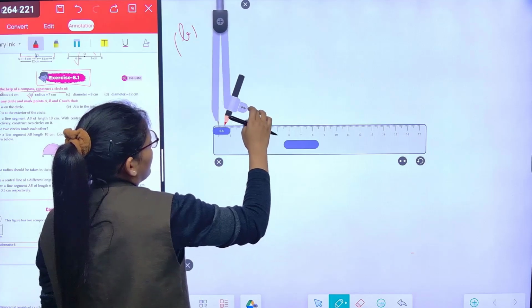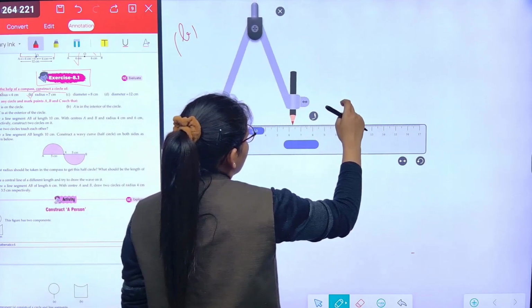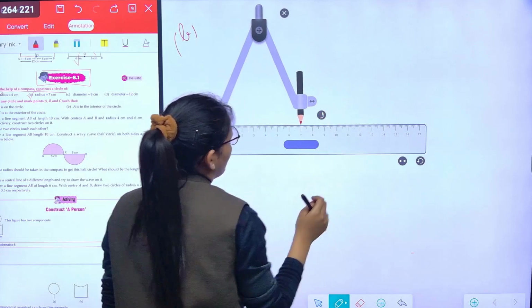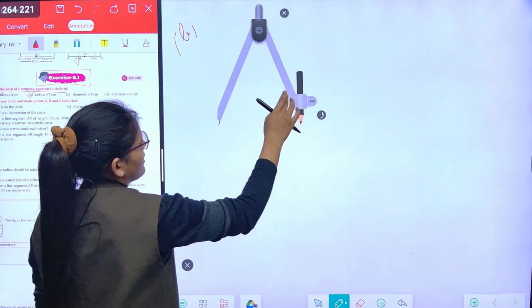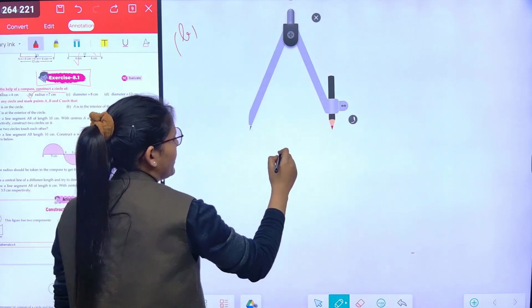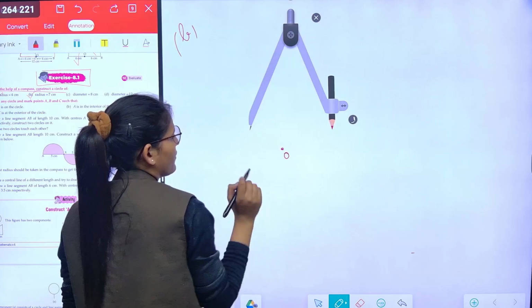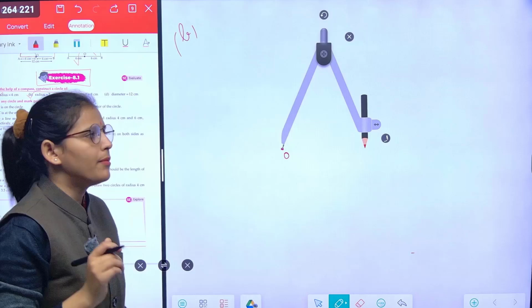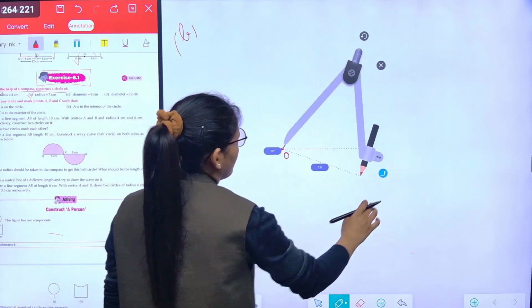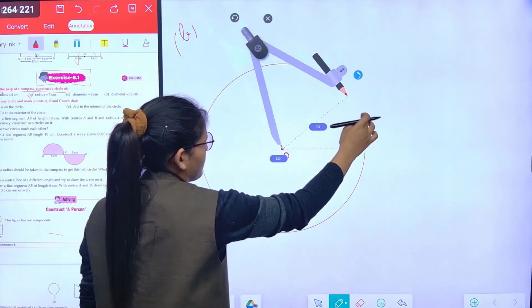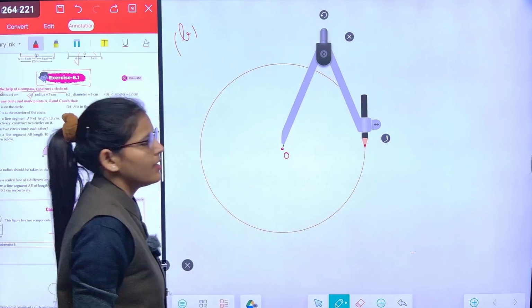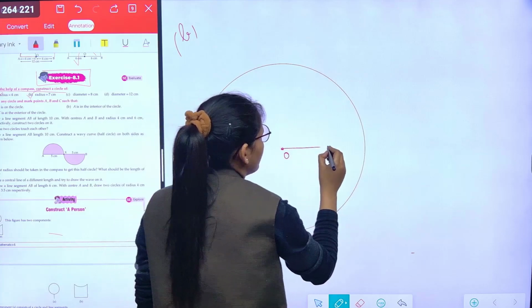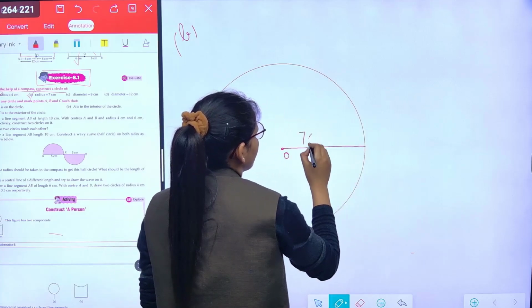Yes class. Now 7 centimeter. Now class, take a point. Now put the needle of the compass and round. This is a circle with a 7 centimeter radius.